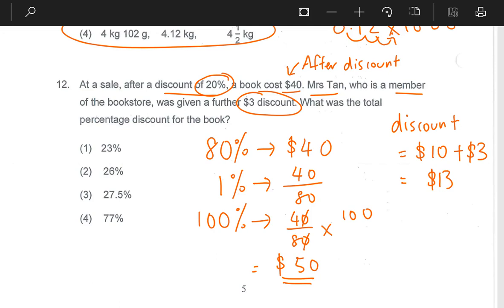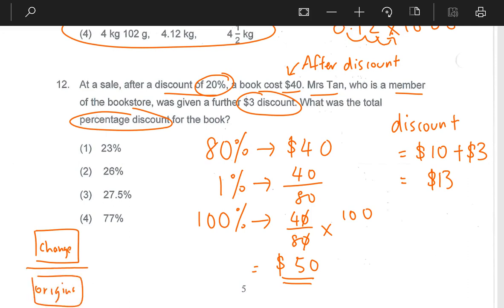Alright, then you might be asking what's next, because you need to find the percentage change. If you can remember, the formula goes like this: you have the change over the original amount times 100.